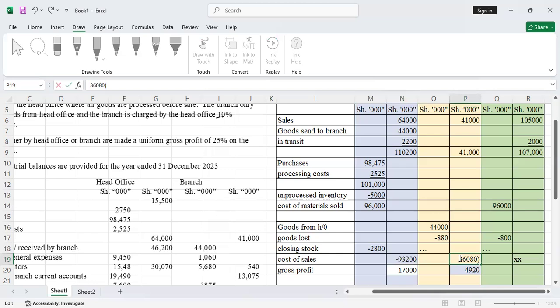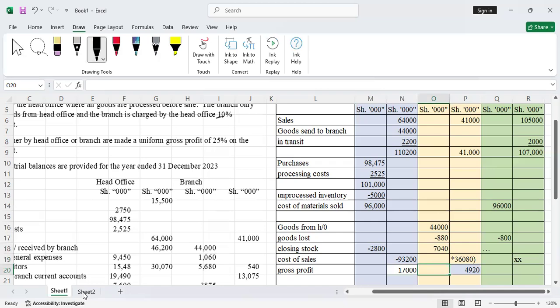Yes, 7040. So you are telling us here you have 7040. All right. That is the closing stock.